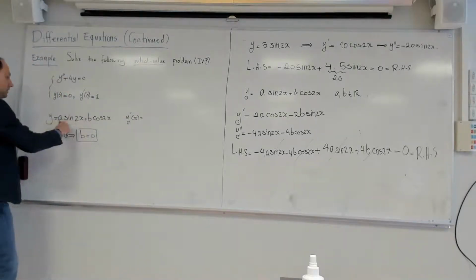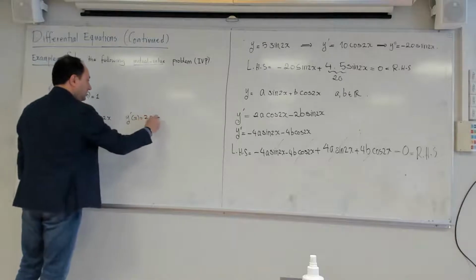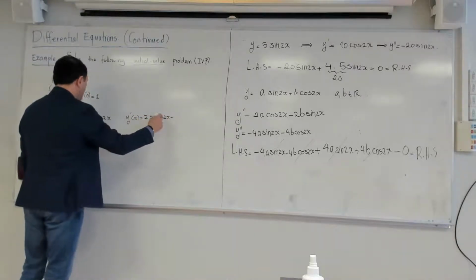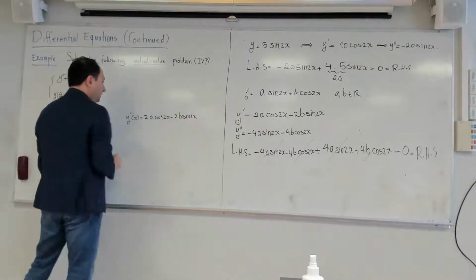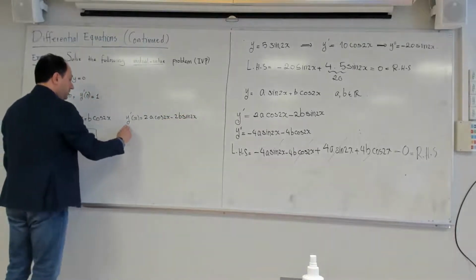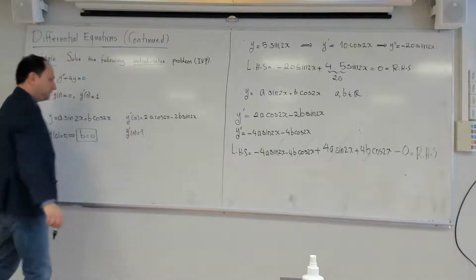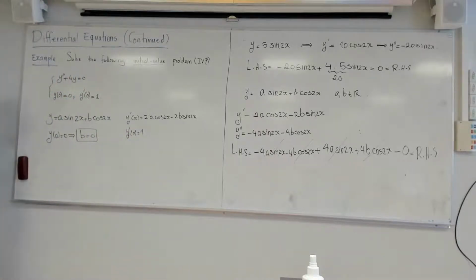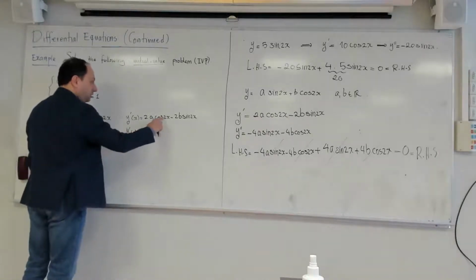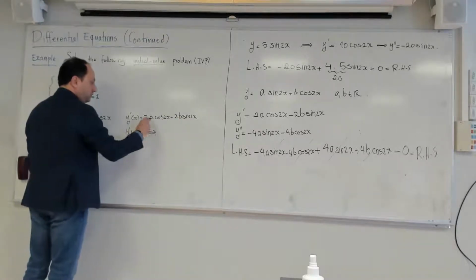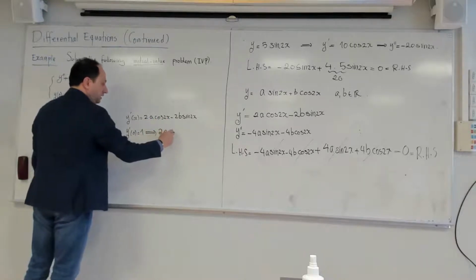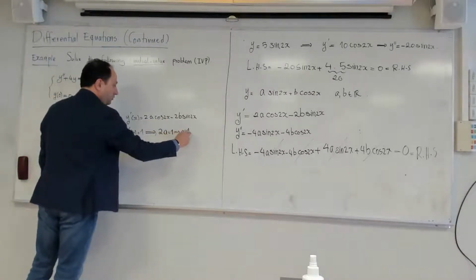So y prime of x is 2a cosine 2x minus 2b sine 2x. And then y prime of 0 is supposed to be 1. So if I replace x with 0, the derivative should be equal to 1. This becomes 2a equals 1, and a becomes 1 over 2.